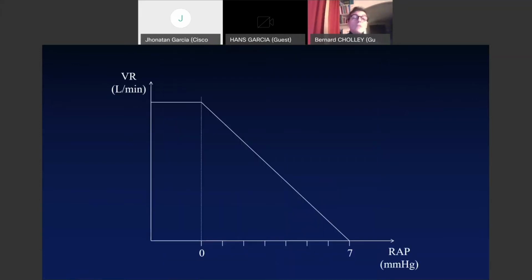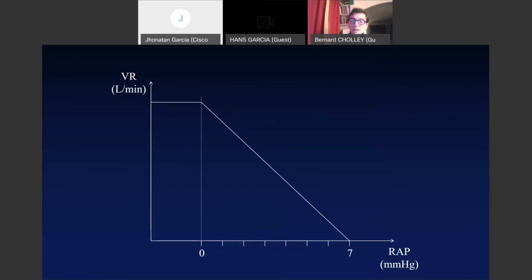The American physiologist Arthur Guyton designed the experiment that allowed the estimation of the mean systemic pressure. And he said, okay, if I elevate the right atrial pressure to the same level as the mean systemic pressure, cardiac output should stop because the numerator of the Poiseuille's equation becomes 0.